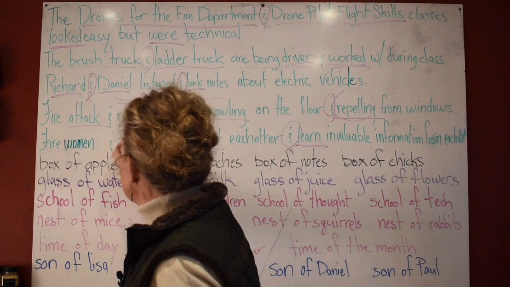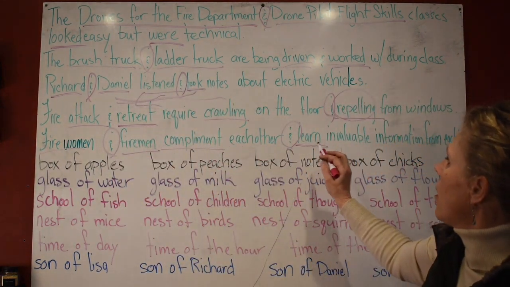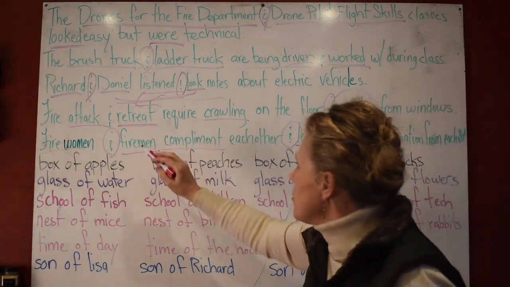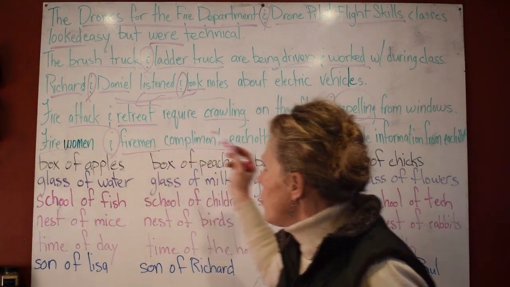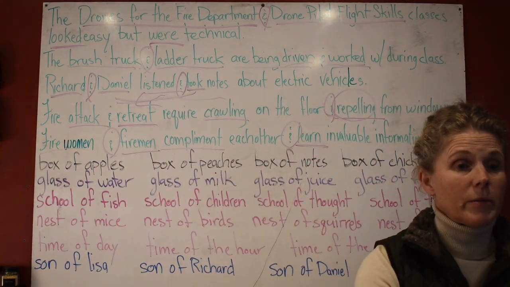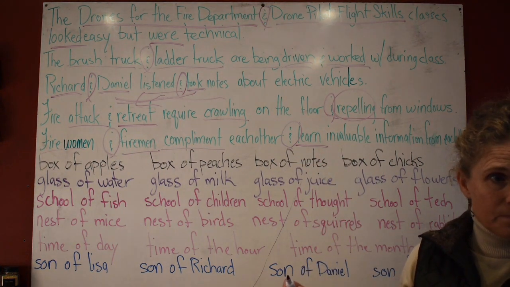Firewomen and firemen. See, they're both. Firewomen are complementing and learning, and firemen are complementing and learning. So these both go with each other. They're in agreement. Firewomen are doing that, and firemen are doing that. Are you guys seeing that?